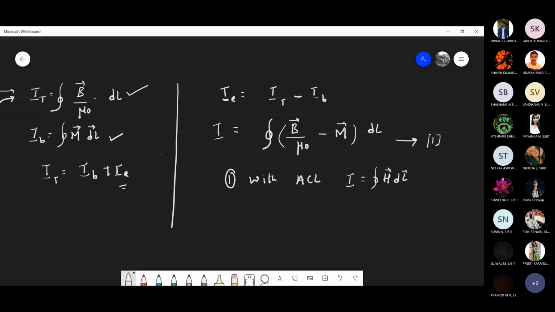If you compare the integral coefficients of these two equations, I can write H is equal to B over mu naught minus M. So here what I did, I compared equation 1 with Ampere circuital law.